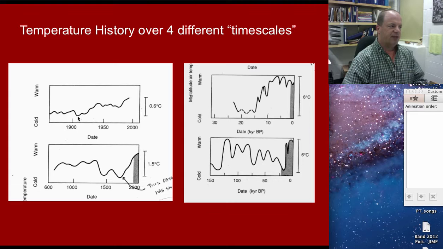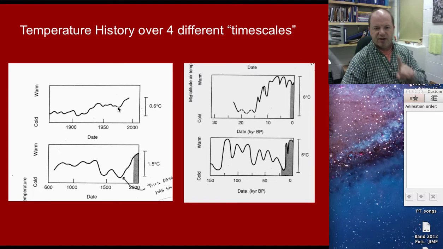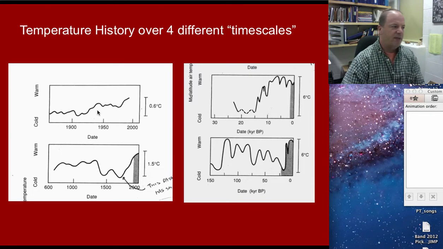One ranges from, say, 1915 to 1945, where it then flattened off and leveled out again, and then it's been warming ever since about 1975. There's two distinct warming periods there, and it looks as though they have distinct causes, which is why I'm making a big deal of pointing those two out, and why I asked you about that on your homework. But the range of temperature variations is about 0.6 of a degree C.